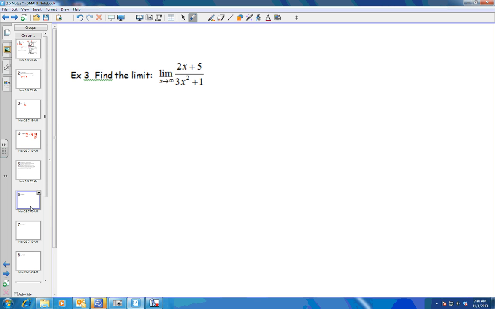All right, example 3. I'm going to do the same thing, but this time I'm dividing by x squared. And even though this x squared number has a coefficient in front, we're only dividing by the x squared part. So I'm going to take each individual term and divide it by x squared.